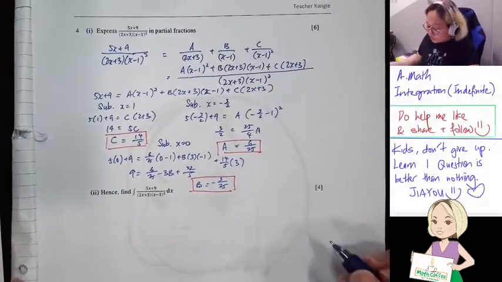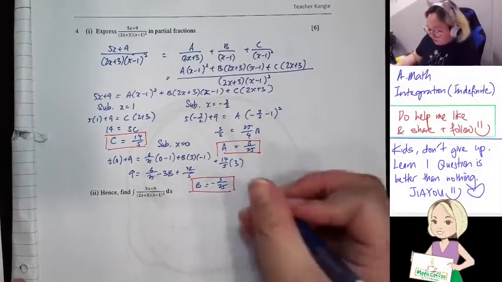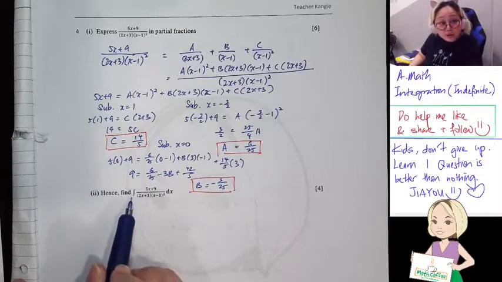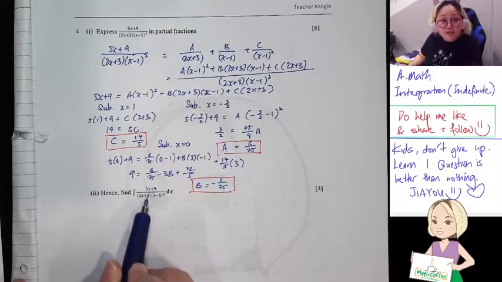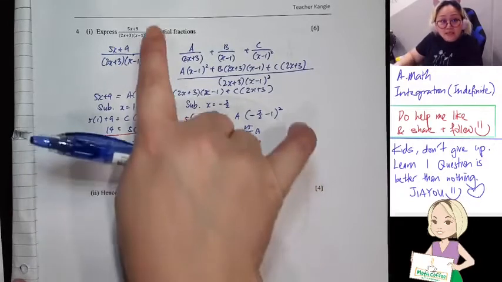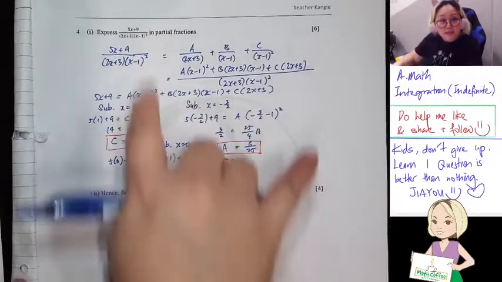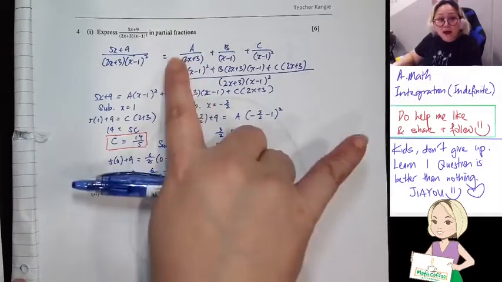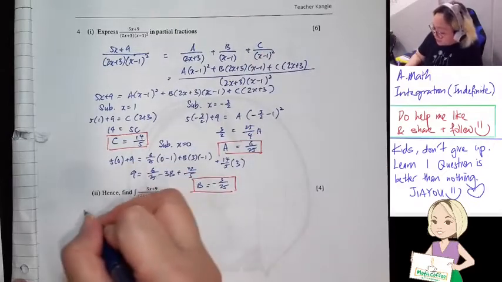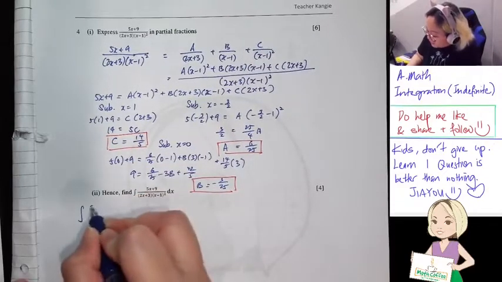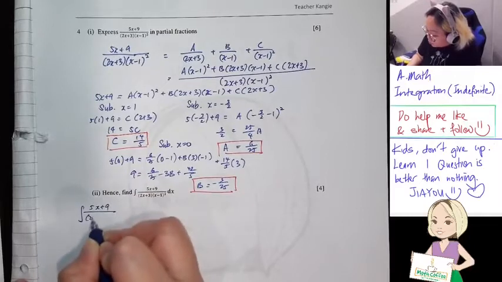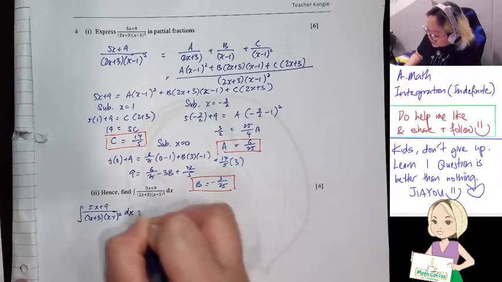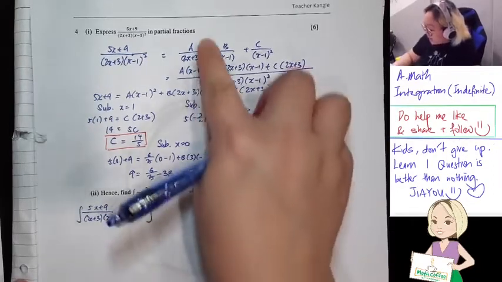So I will write it as, therefore, in this case, when they ask you to integrate 5x plus 9 over this, check, this is exactly the same as this. It means that to integrate this, I just need to integrate the partial fractions. So when I integrate 5x plus 9 over (2x plus 3)(x minus 1) squared, it is the same as integrating A over 2x plus 3.